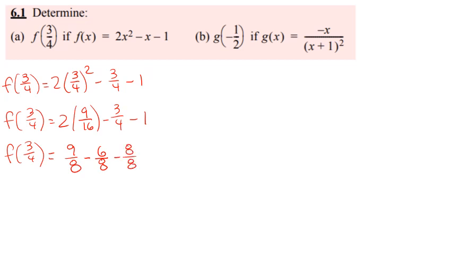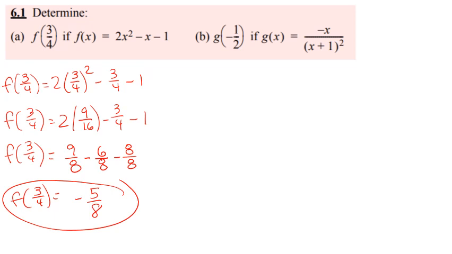Okay, so 3/4 became 6/8, and 1 became 8 over 8, just so that I can get all the same denominator. I like to do it right in the problem like that, and I keep saying this over and over again, but in case you're freaking out, you can do that in the side work. You're just going to have to write more. So 9 minus 6 is 3, and 3 minus 8 is negative 5. So the answer is negative 5 over 8.